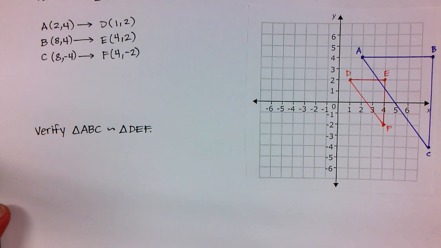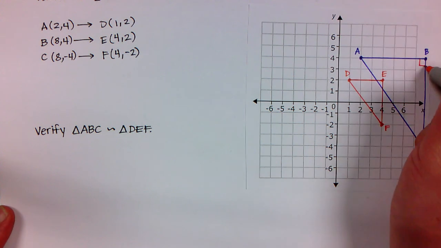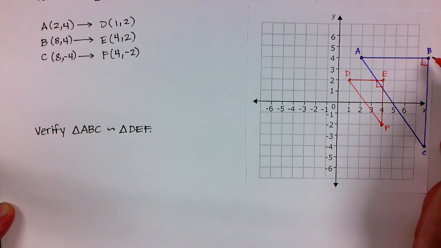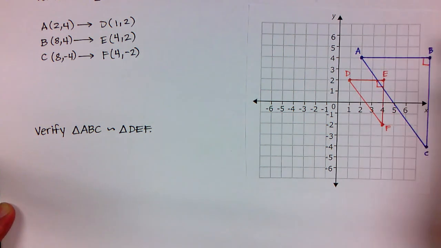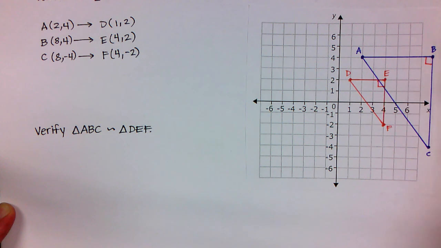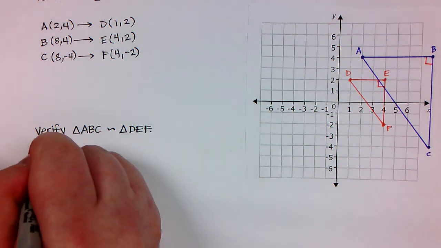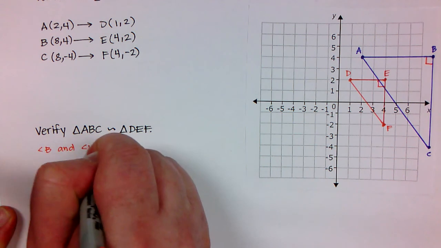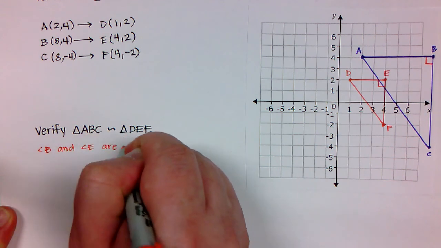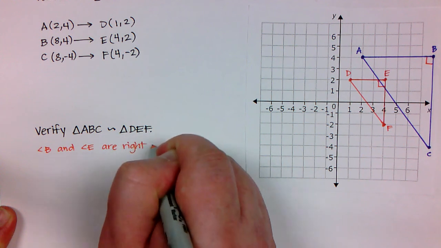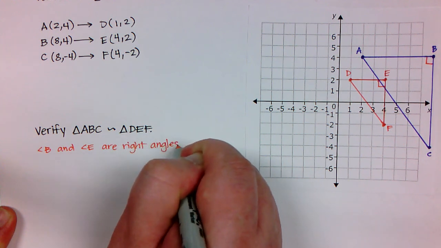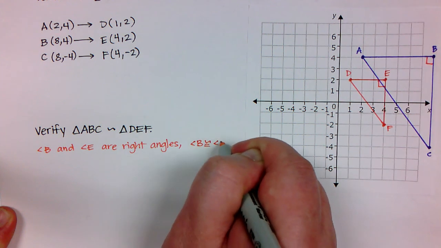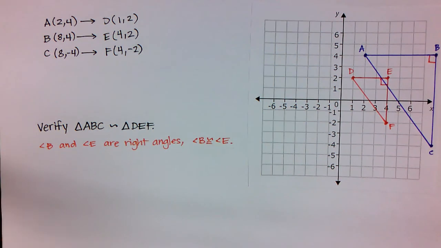So let's look to see what we have. Well, I know that these angles are both right angles because one is parallel with the x-axis, the other is parallel with the y-axis. So they are meeting at 90 degrees. So since both angle B and angle E are right angles, I know that angle B is congruent to angle E. Okay, so at least I have an angle there.